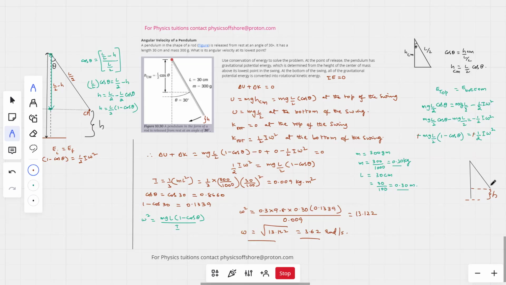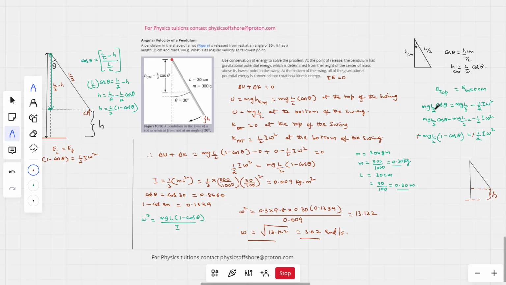So, energy at the extreme position is equal to energy at the equilibrium position. Therefore, E top is equal to E bottom. E top is mg h center of mass, which is mg L by 2 cos theta. Here it has no rotational kinetic energy.